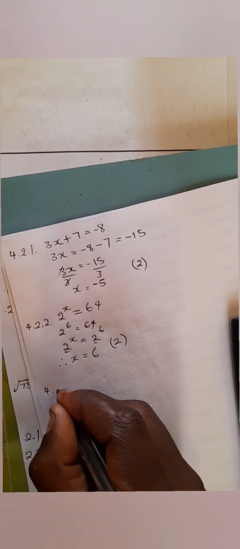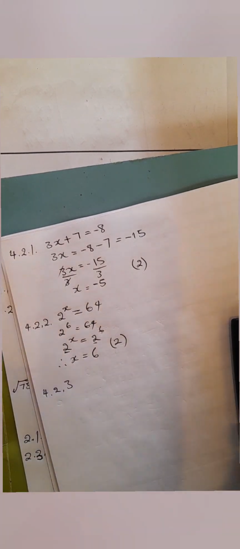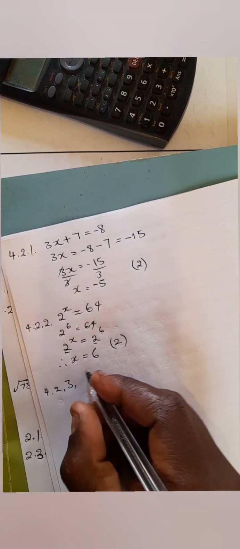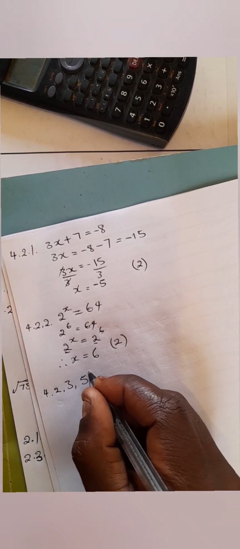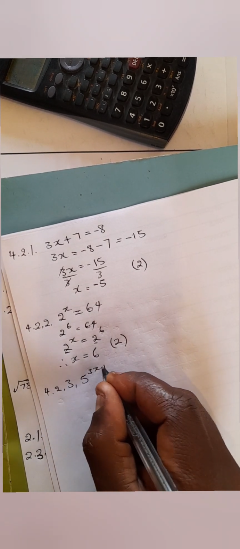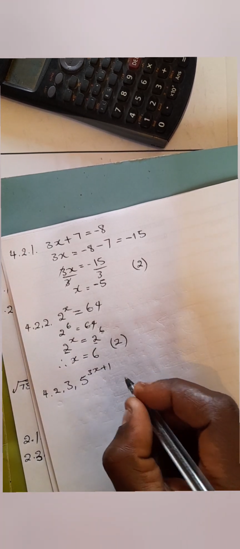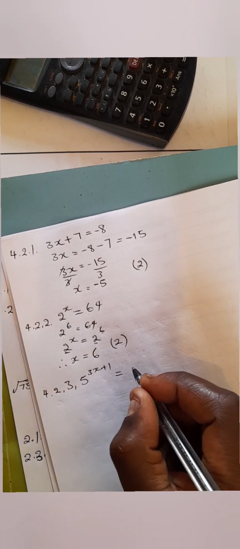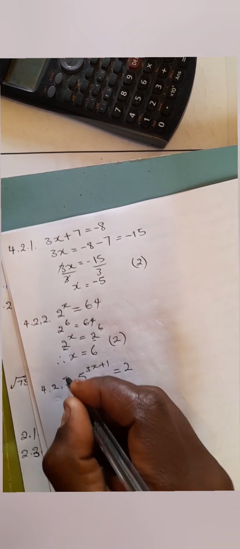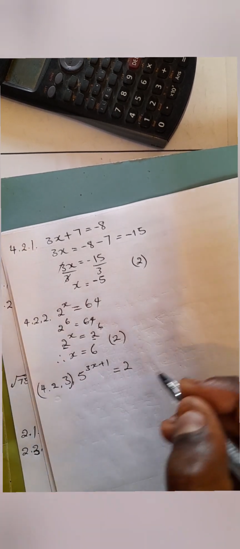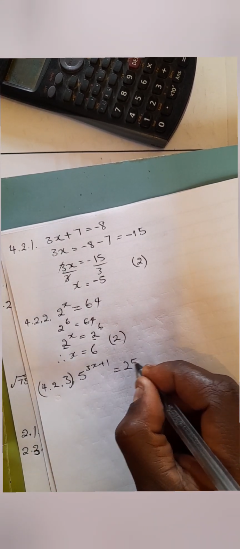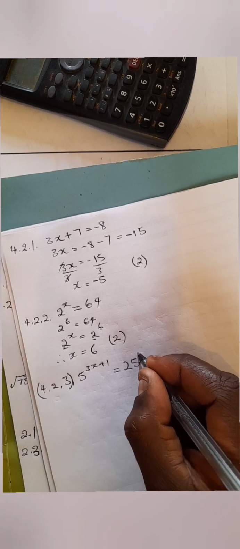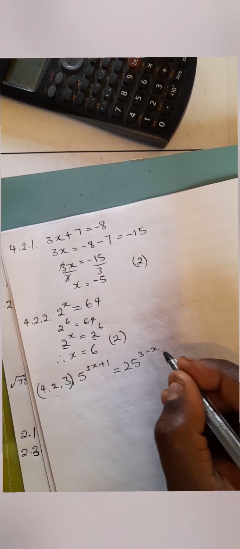Okay, question 4.2.3 says 5 to exponent 3x plus 1 equals 25 to exponent 3 minus x.